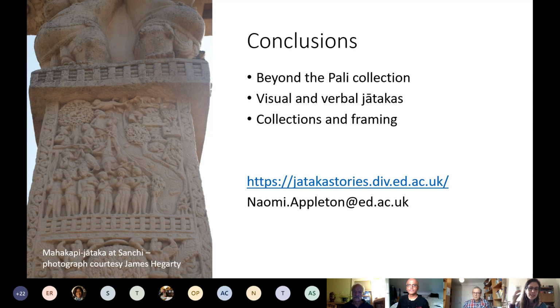What you get in the Sanskritic literature, for example, is a lot more bodily sacrifice, a lot more gouging out your eyes and chopping off your head and letting people eat your flesh and things like that. So it gets a little bit more focused on those types of sacrificial dana rather than on Vessantara's type of dana. So it's a very big and complicated question, and the Vessantara story also has connections to the Ramayana traditions of Indian epic. As a narrative cycle, it's very interesting and quite complicated.